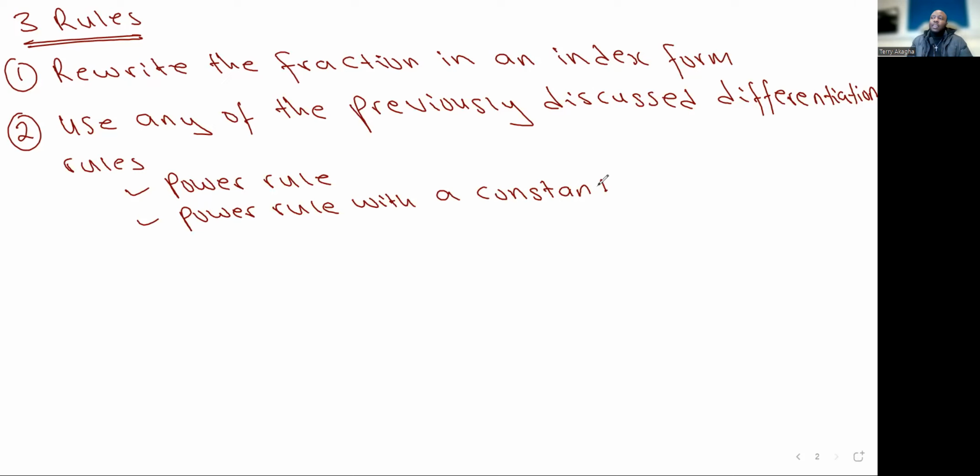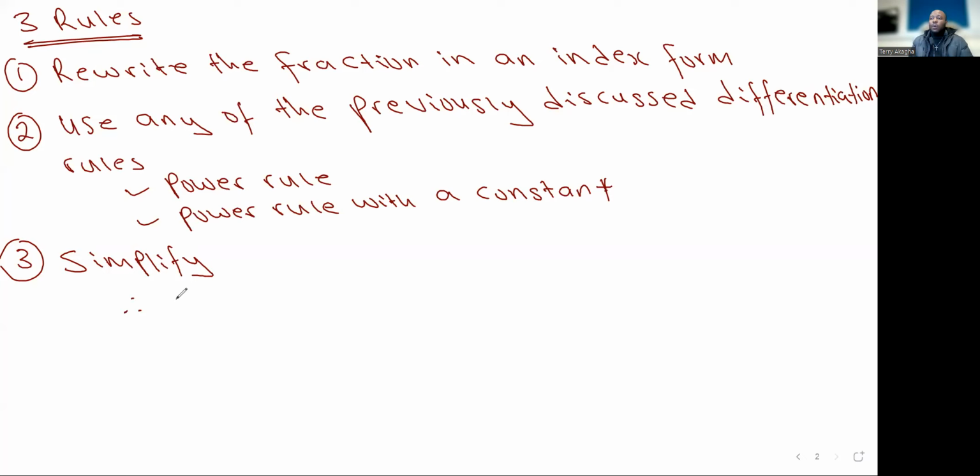So mostly it's either the power rule or the power rule with a constant, but the other rules can apply, but this is the common one you're most likely to use here. Then after that, you simplify. So you have to rewrite it in an index form. After that, you then have to apply the rules, the power rule, or the power rule with a constant, or any of the differentiation rules, and you solve it.